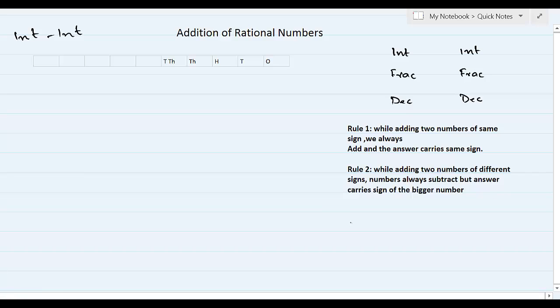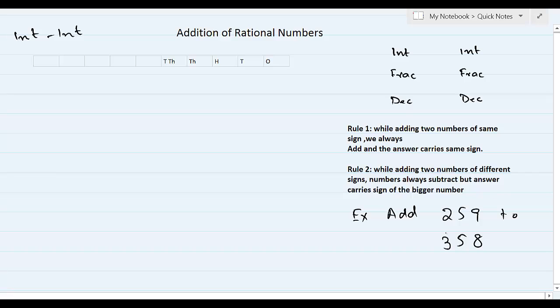So let's have a question where it says add 259 to 358. When there is no sign given with the number, the sign is always positive.